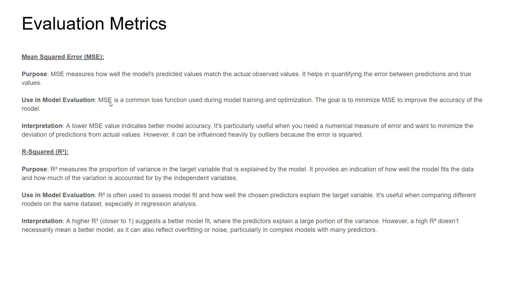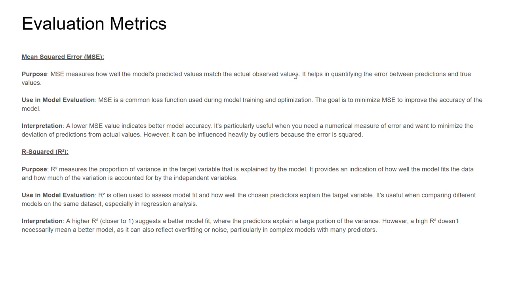Move on. So when we evaluate the model, we're going to produce the evaluation metrics. We're going to use two: the mean squared error and the R-square. The mean squared error measures how well the model's predicted value matches the actual observed value. For example, if a model is predicting a house price, let's say the actual true value is $1 million.